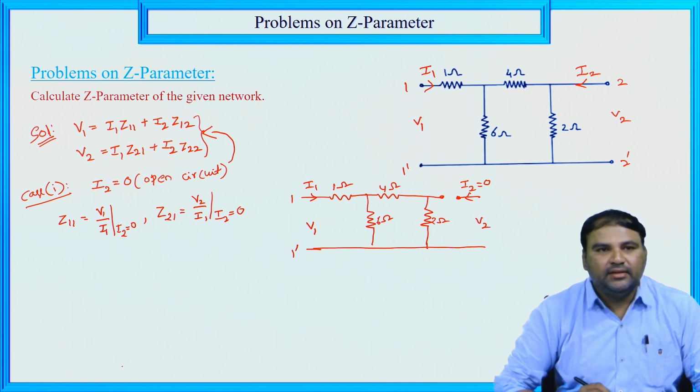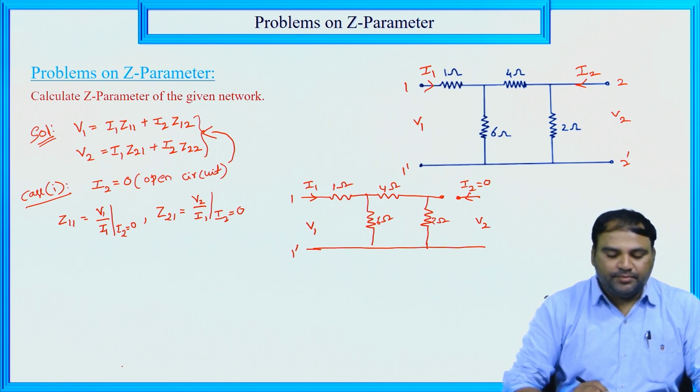These are the two parameters, when the secondary current is open circuited, that is, equal to 0.